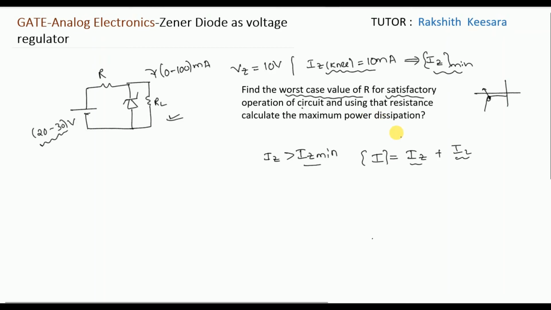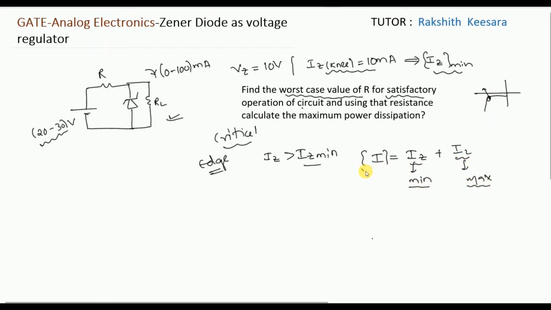Since he is asking the worst case value of R, we should take IZ minimum, and we should take IL as maximum. So worst case is nothing but critical. What is critical? It is operating at the edge point. So this is the edge, guys. At the edge, IZ is minimum. So what will be IL? Obviously it will be maximum.